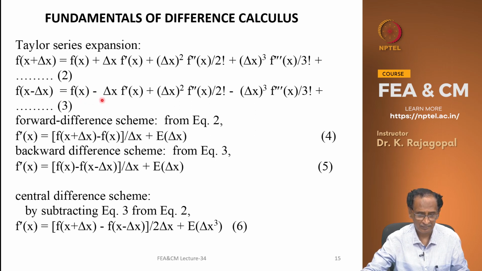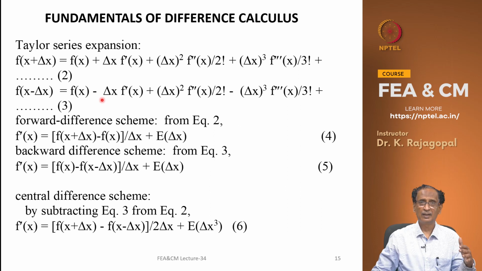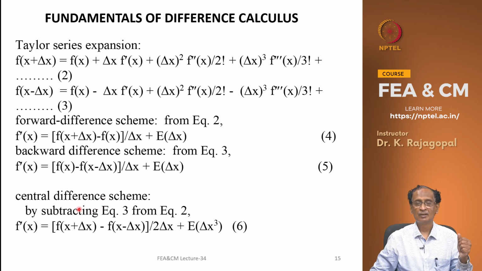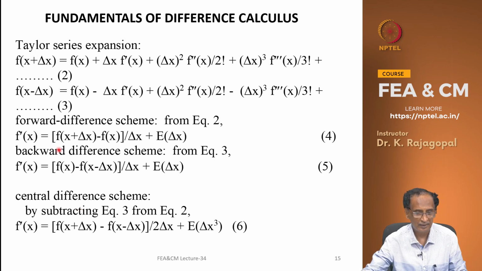And by manipulating this, we can develop the forward difference schemes, backward difference schemes, central difference schemes and so on. And the central difference scheme is a more preferred one, because you can get convergence faster, as we see here.